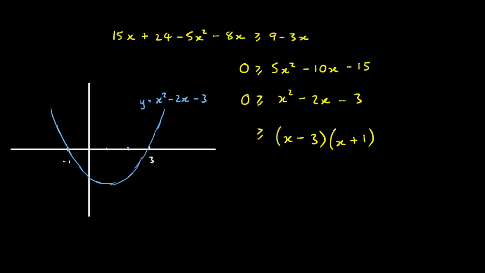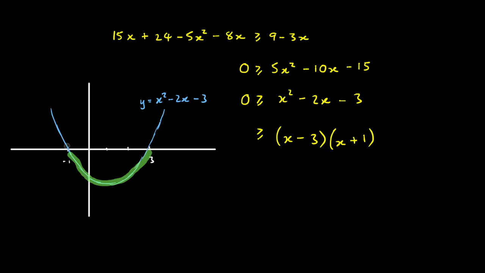And you've got to ask yourself the question, where is that quadratic less than 0? Well, it's less than 0 everywhere here, because that's where the y coordinate is less than 0. We're below the x-axis. So we are interested in this part of the curve. And what x values do we have to get that part of the curve?